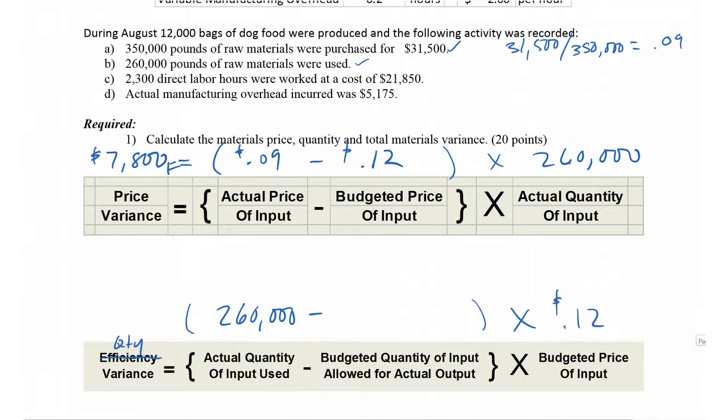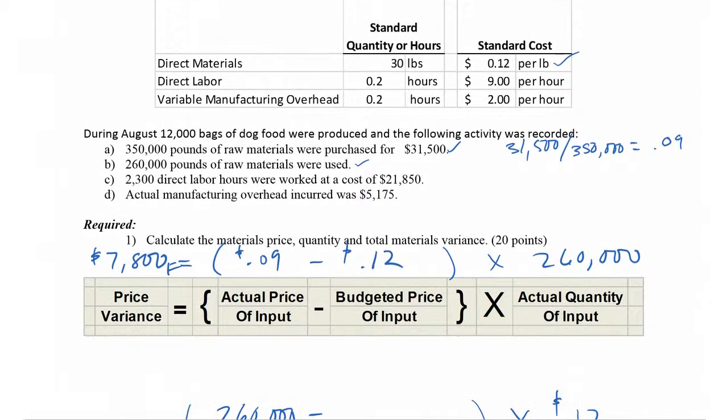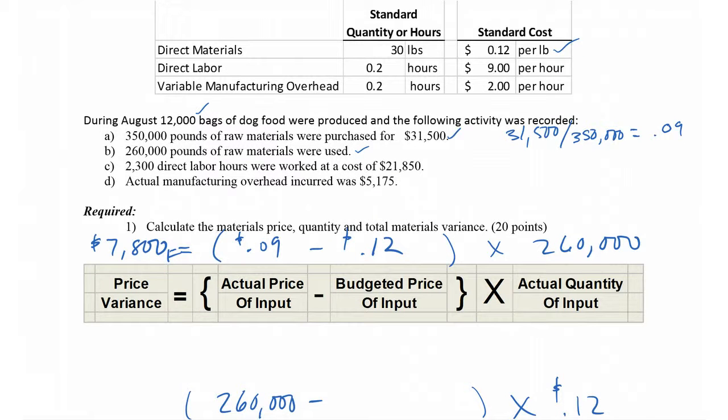Let me scroll up here and get that information. We produced 12,000 bags of dog food. Okay, so I think the amount we need right here is this 30.